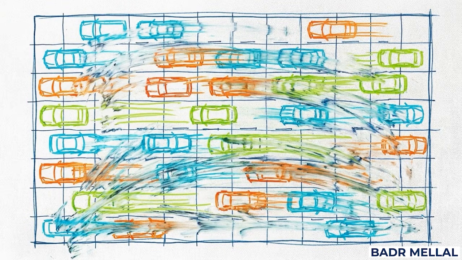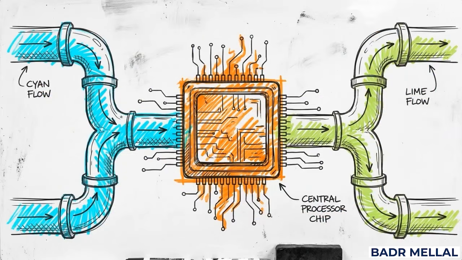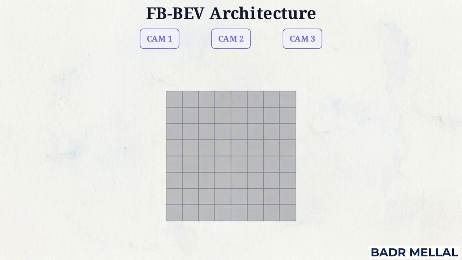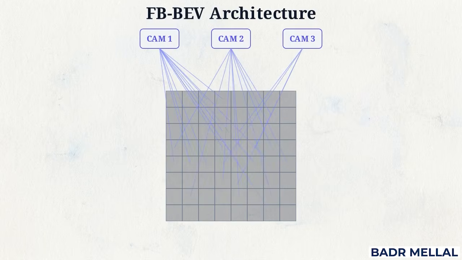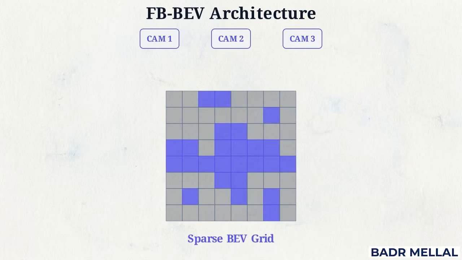Hybrid pipelines, like FB-BEV, attempt to merge the precise depth accuracy of forward projection with the dense coverage of backward projection. Phase 1 executes a standard forward projection module. This generates a highly accurate, but inherently sparse, initial BEV anchor grid.